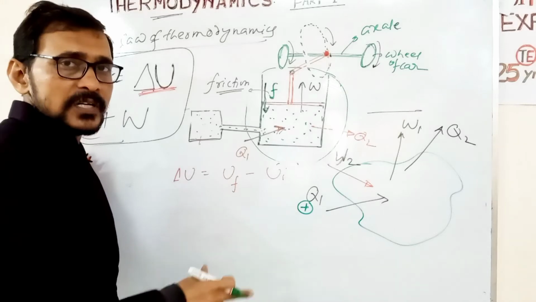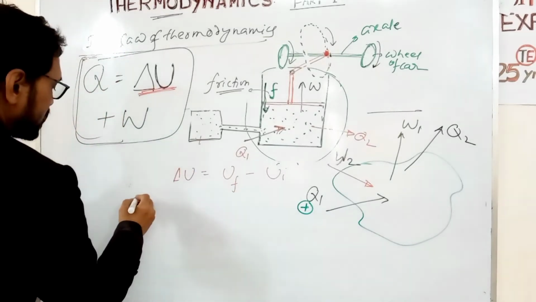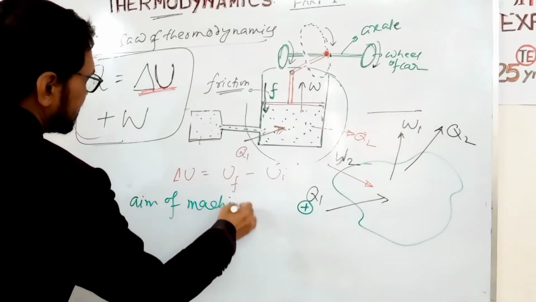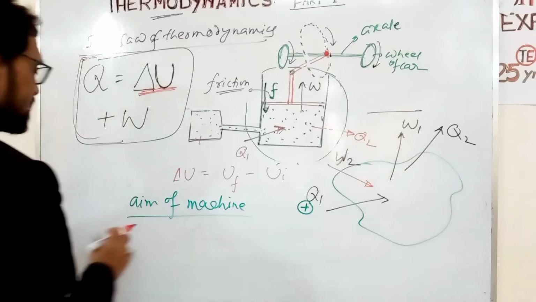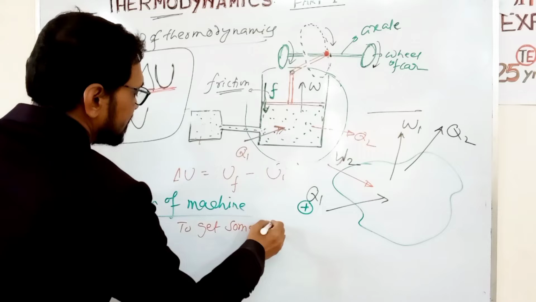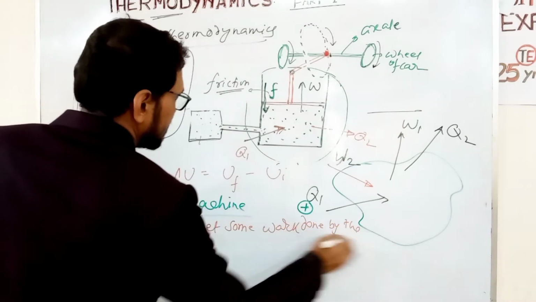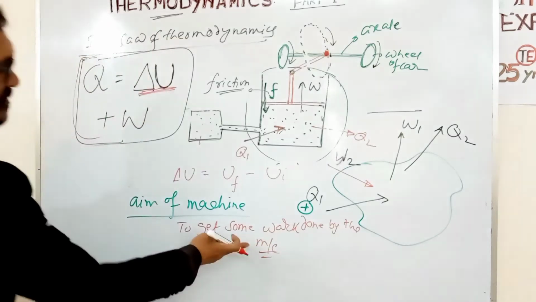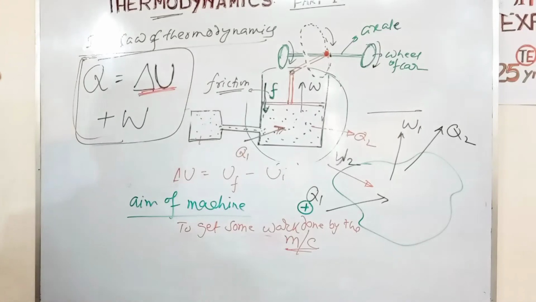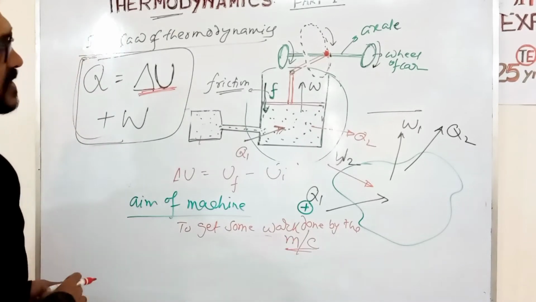The purpose of the machine is to get some work done by the machine. Machine is written as m/c. This is the symbol of machine, m/c. To get some work done by the machine is our purpose.